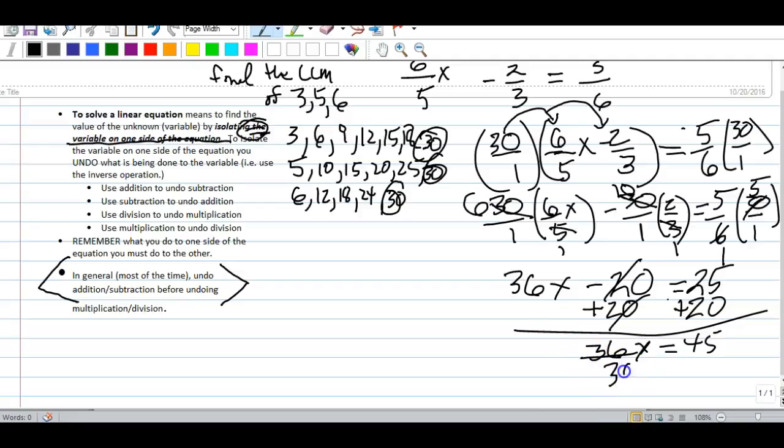Now I divide both sides by 36. And that gives me x is equal to, and both of these contain a common factor of 9, so I can divide 9 out of each one of these. 45 divided by 9 is 5, and 36 divided by 9 is 4. So x is equal to 5/4.